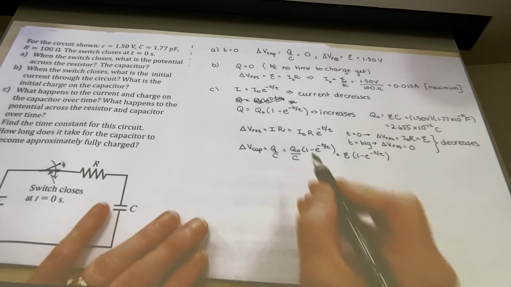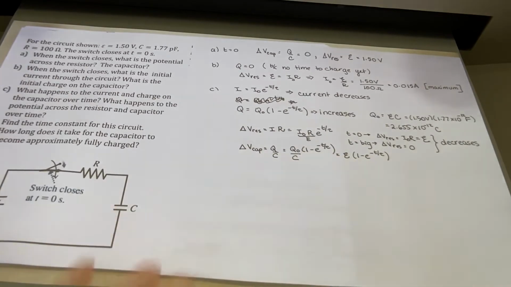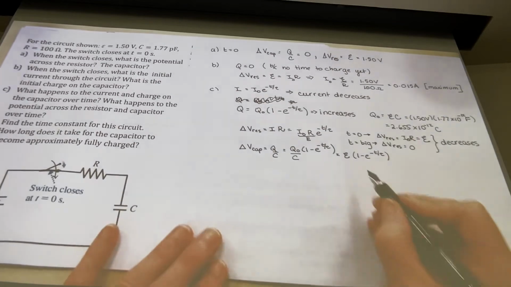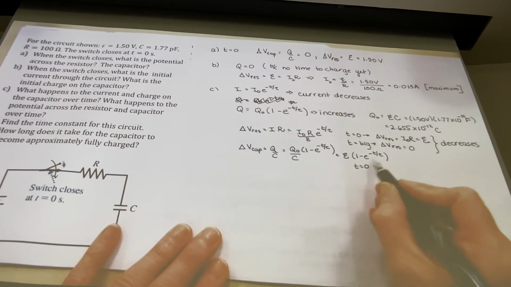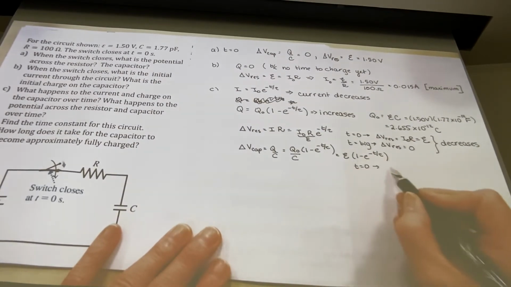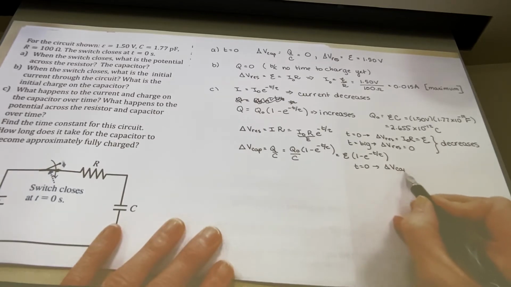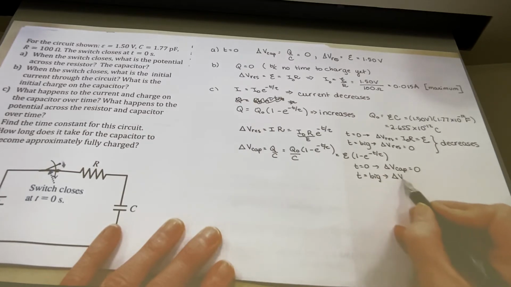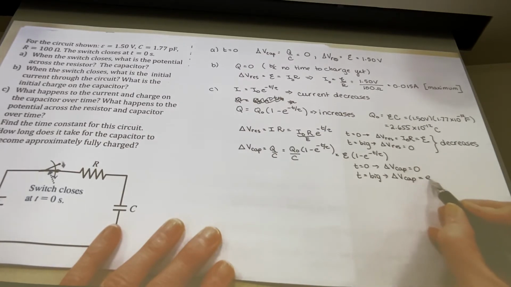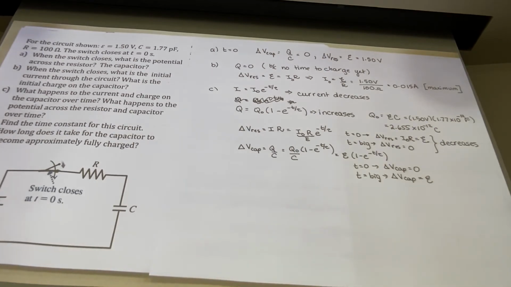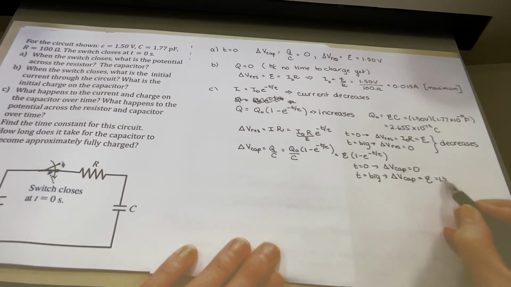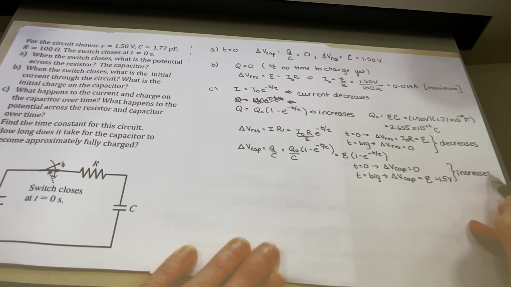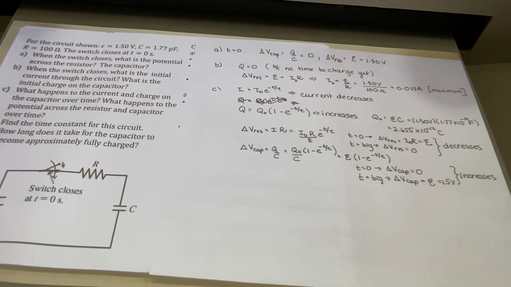So if we look at this behavior, t is equal to 0, e to the minus t over tau is equal to 1, 1 minus 1, delta V of the capacitor is equal to 0. If t gets big, delta V of the capacitor equals the maximum potential, the EMF, 1.5 volts. So overall, the potential across the capacitor increases. The potential switches from being all over the resistor to all over the capacitor, so it moves over time.